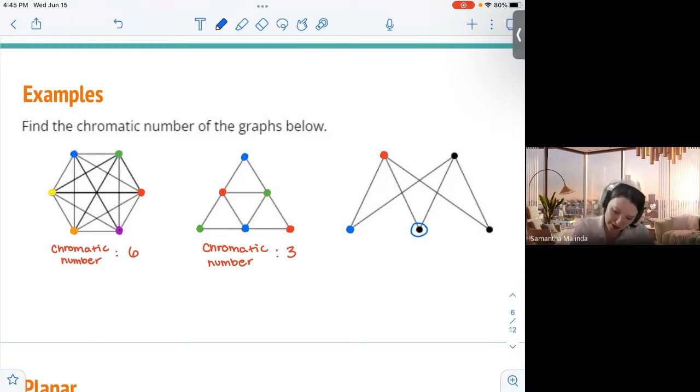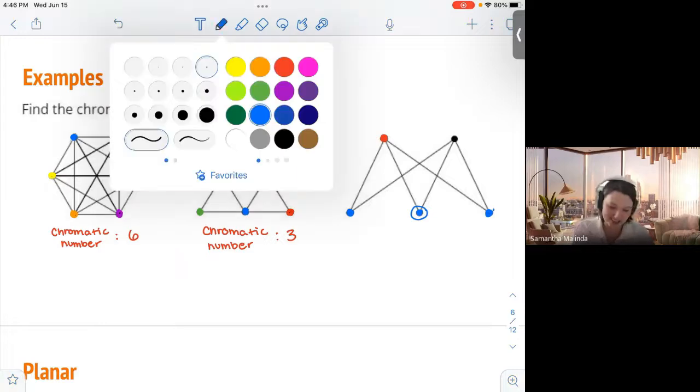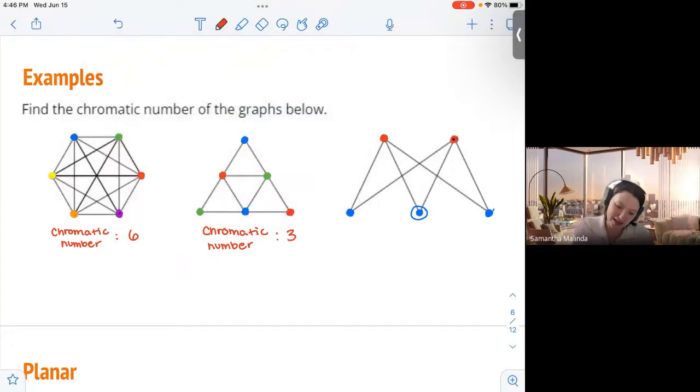So I'm going to make that blue. And the next connection to the right, I'm also going to make blue because it's not connected to any other blue vertices. So if we connect this all, the top vertex is connected to all the blue vertices, but it's not connected to the red, so we can go ahead and color that red, making our chromatic number 2.